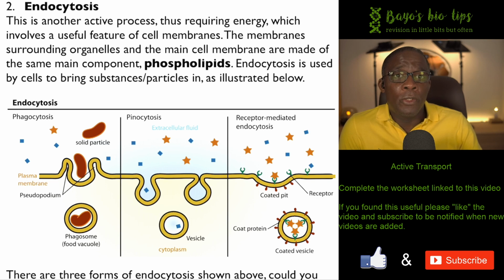And so they bind to those molecules, and then the molecules can be taken in. So if you look at the diagram, the stars are complementary to the receptors. And so only the star-shaped molecules will bind, and only they will then be taken in to the vesicles that are ingested by the cell.